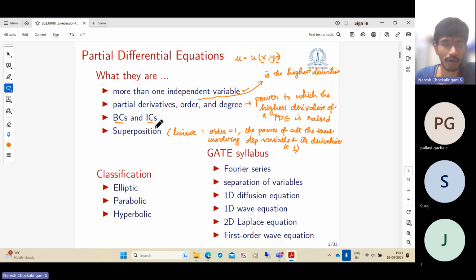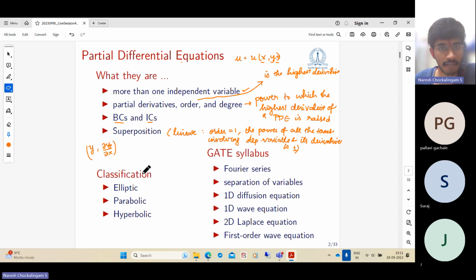So they are all linear. y appears just as y multiplied by probably a constant, or its derivative, say dou u by dou x, appears just as it is. It doesn't appear inside a cos or sine function. It doesn't appear as an argument of some other function. So you know all of this.